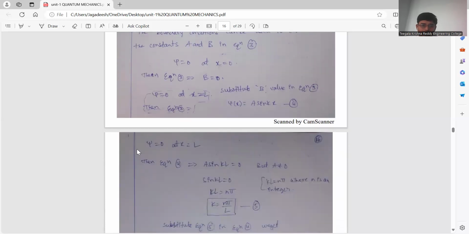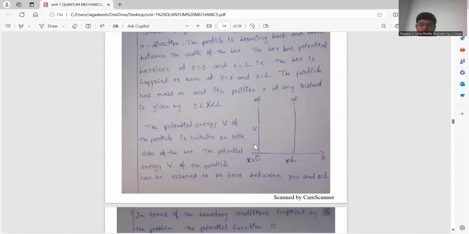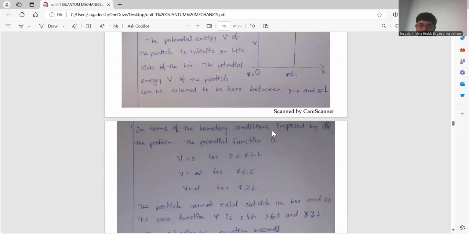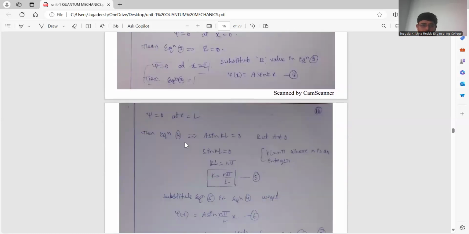And another one is ψ equal to 0 at x equal to L. The wave function is 0 at x equal to 0 and at x equal to L, outside of the box. Then in equation 4, A sin kL equal to 0, ψ equal to 0, but A cannot be 0, because A is a constant.